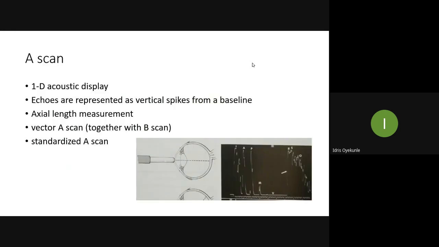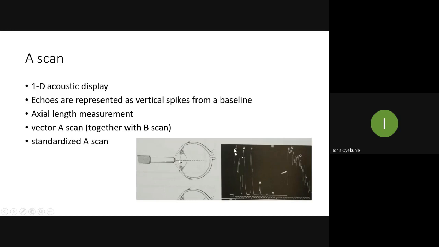In talking about the A-scan, which is the amplitude scan, it's a one-dimensional acoustic display. Echoes from the A-scan probe are represented as a vertical spike from the baseline, which we can see here. So this is an A-scan probe, and we scan the globe. And we can see that this here represents the spikes that we see.